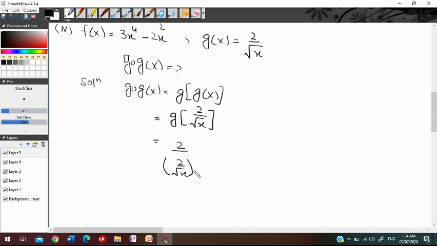When we simplify this, 2 divided by under root of 2 divided by under root x, and one more under root.